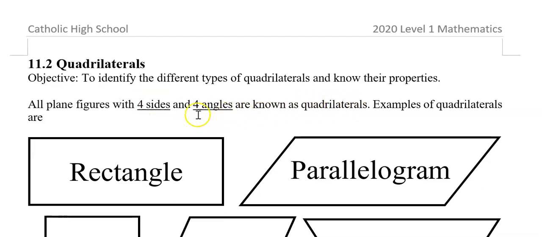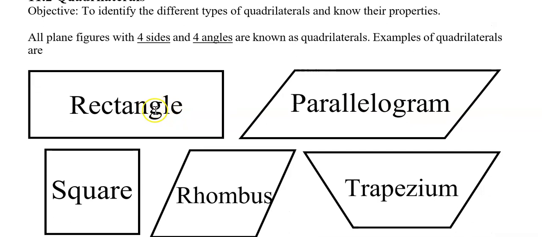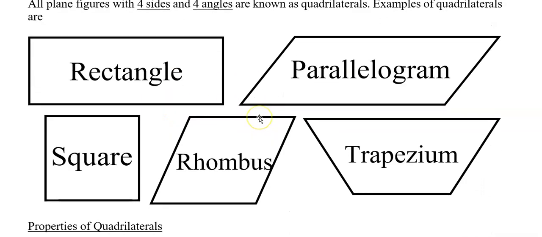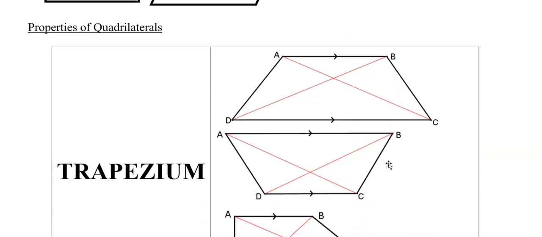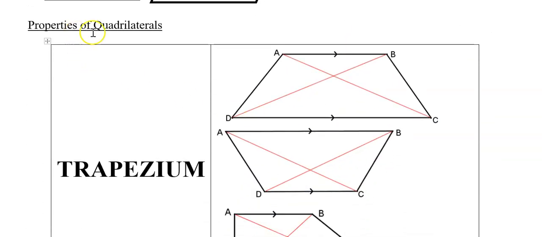Examples of quadrilaterals are, as shown, rectangle, parallelogram, square, rhombus, and trapezium. Now, looking at some of the properties of quadrilaterals in more detail. Firstly, we'll look at trapezium.